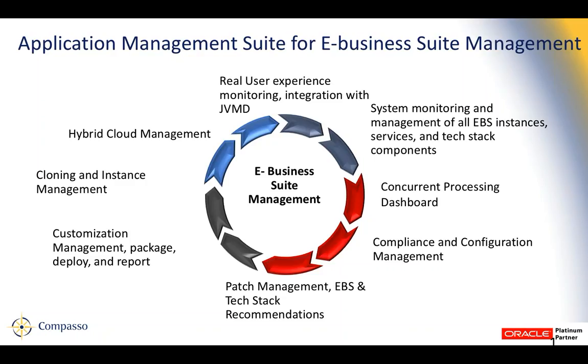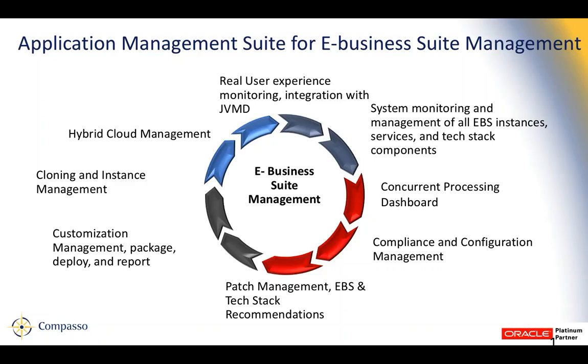Are the servers up and down? Are the services up and down? What is JVM or CPU or memory usage like? What's the database performance like? Things like that. Having the ability to monitor your concurrent processes and the concurrent processing, the concurrent managers, that make up your batch processes for EBS and your job request processes for EBS. Again, this is included as part of the AMS.